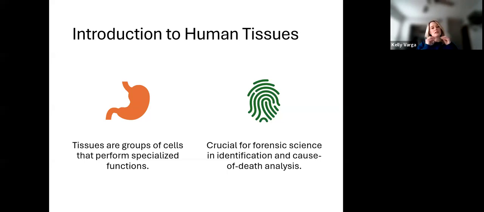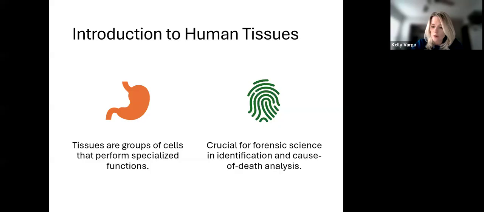So we can look at the individual cells, but once cells start to come together to form tissues, things like the linings of things, blood is a tissue, right? Then we can say that those cells are sticking together to perform a very specific function, right? They are integrated, and then we can define specific tissue types because of that.